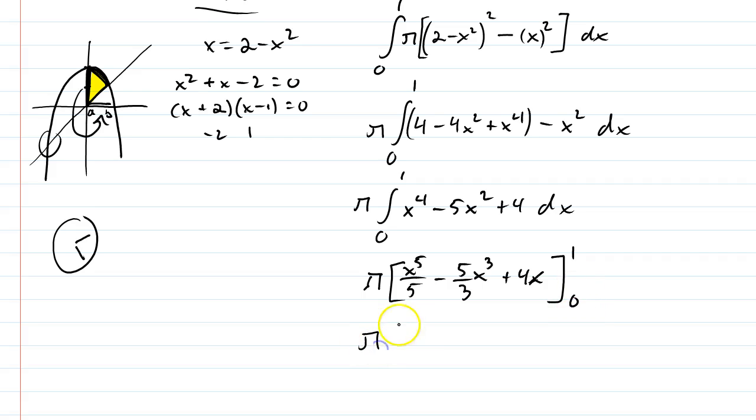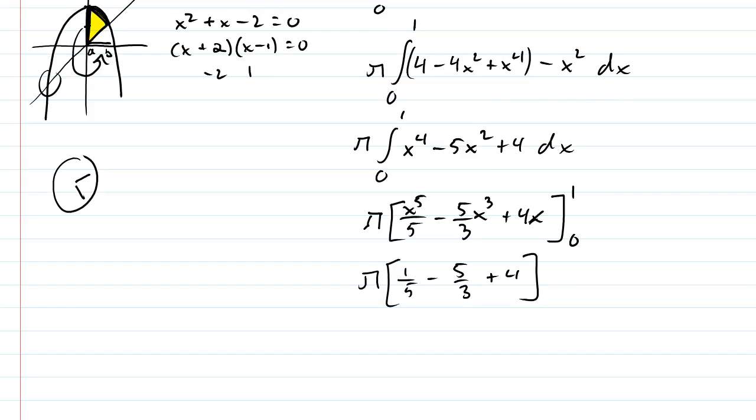So this is going to be pi times 1/5 minus 5/3 plus 4. So, to work with this, normally I do minus 1 2/3 plus 4 1/5. So think of that as a negative. Now 4 minus 1 2/3, I'm thinking of that as 2 1/3.